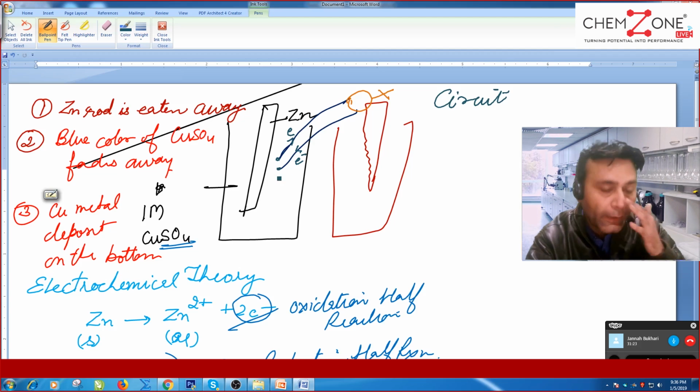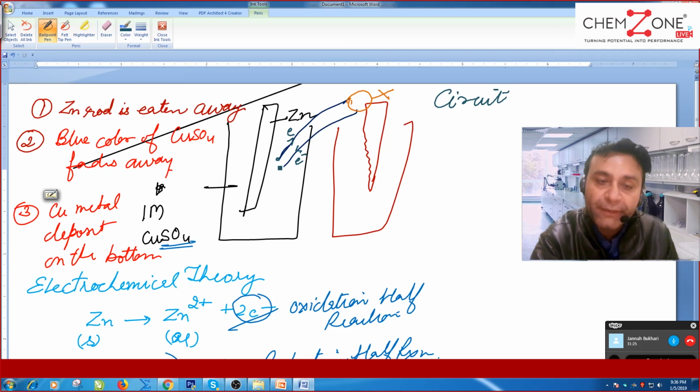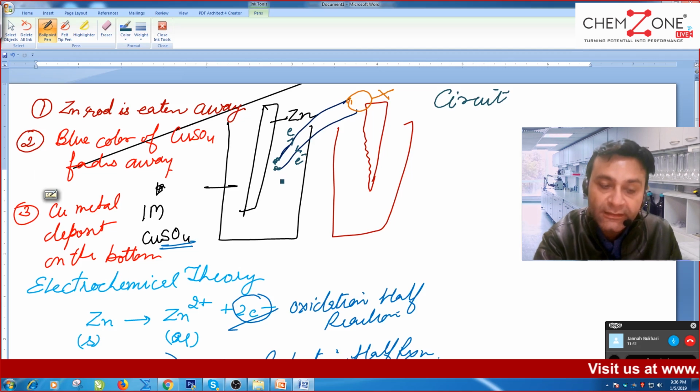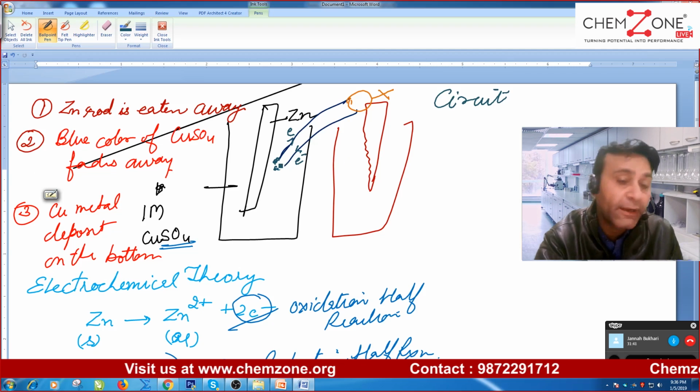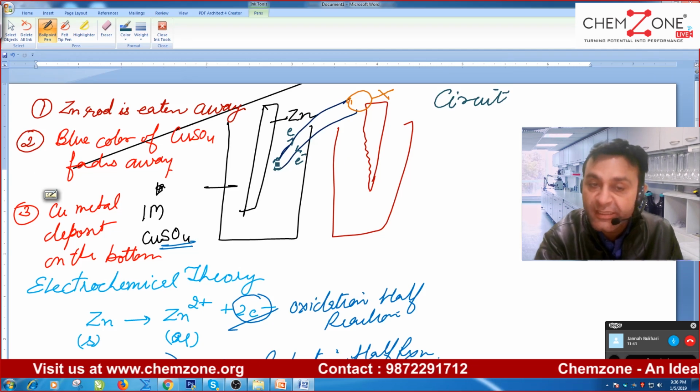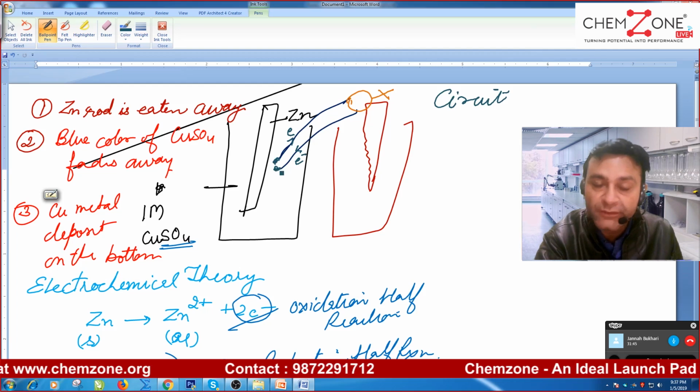And second, between the two ends of the conductor there should be a potential difference. In physics you might have studied the potential difference, voltage difference. And there is no device, no phenomenon which is creating the potential difference between the two ends of the conductor.